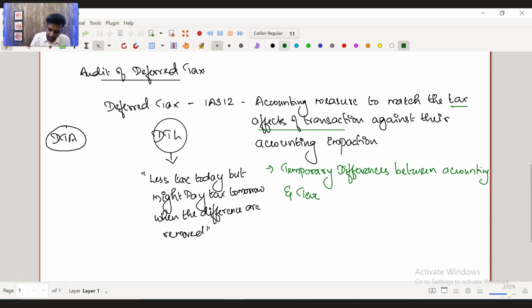So we pay less tax today, but might pay more tax tomorrow when the differences are removed.